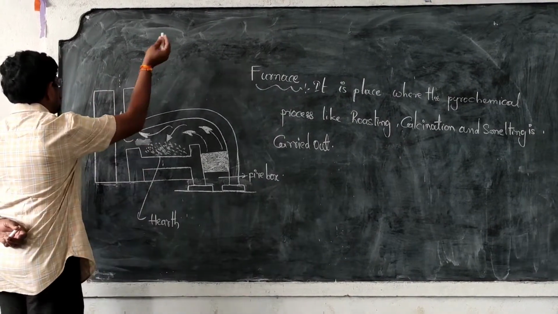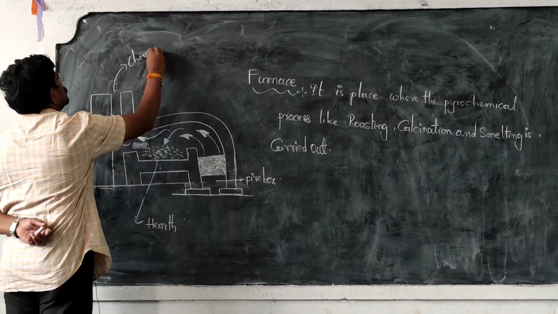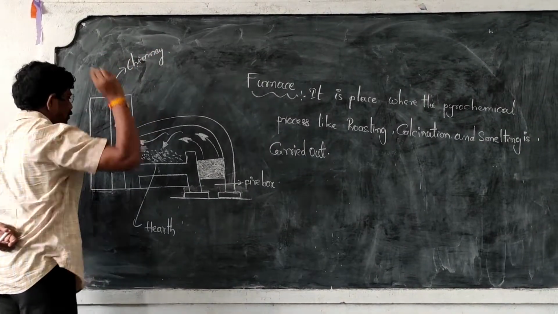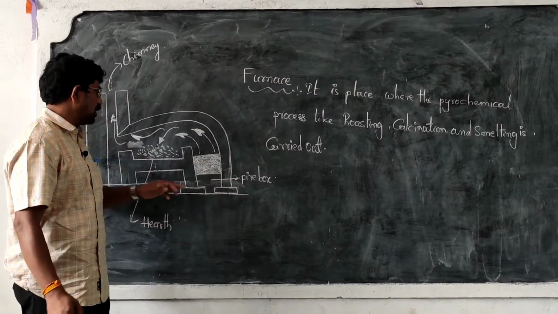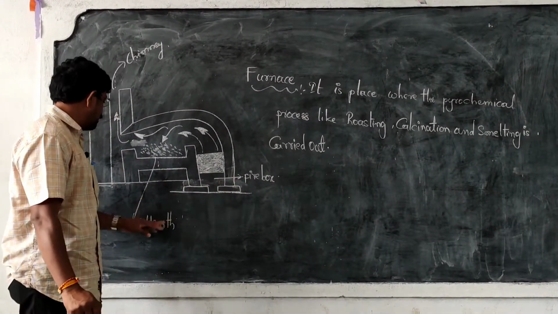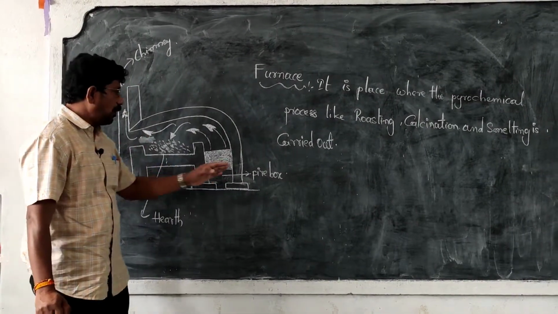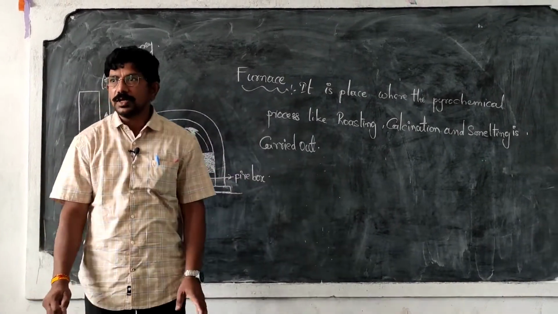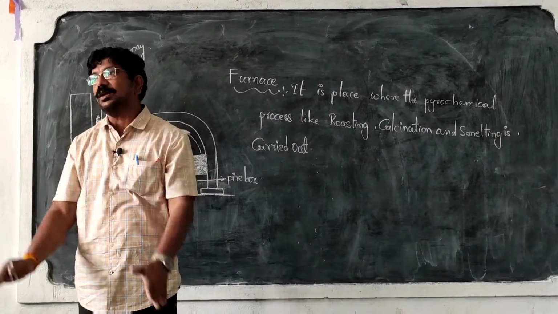The third one is the chimney. These are the main three parts of the furnace. One is the firebox, the other one is the hearth, and the third one is the chimney. So what is firebox? Where the fuel is burnt, that place is known as the firebox.